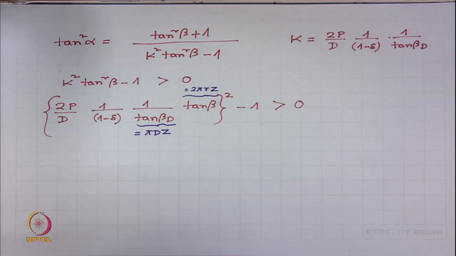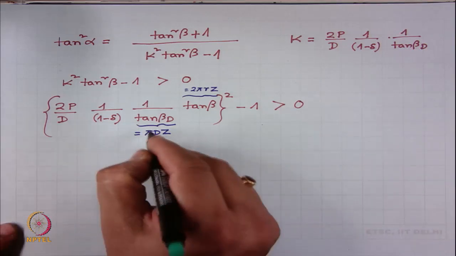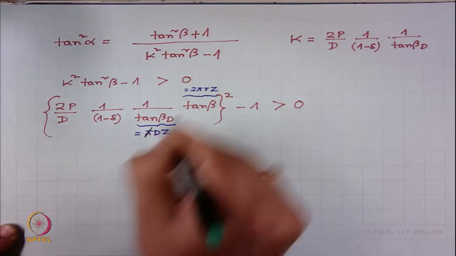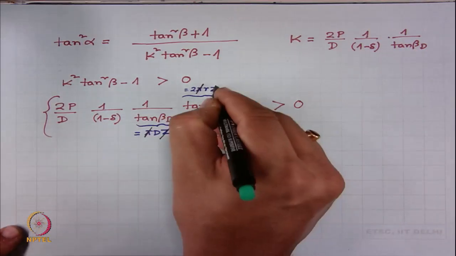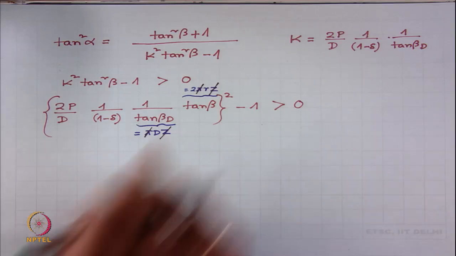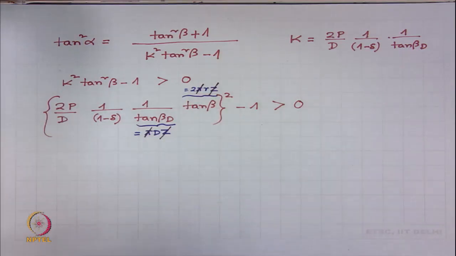So, what we see is that this pi cancels out, z cancels out. So, 2 r by d, so basically 4.